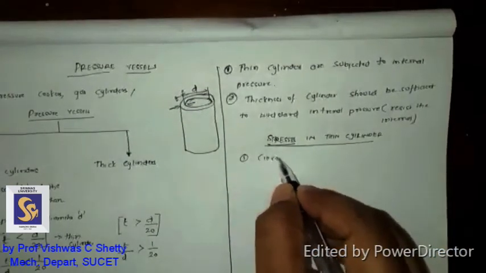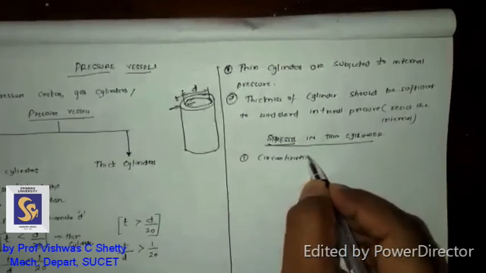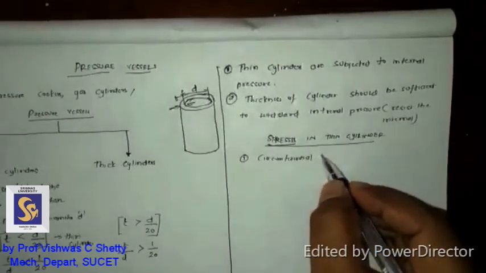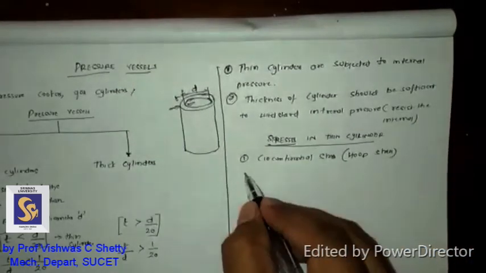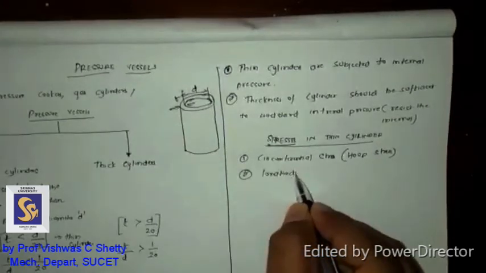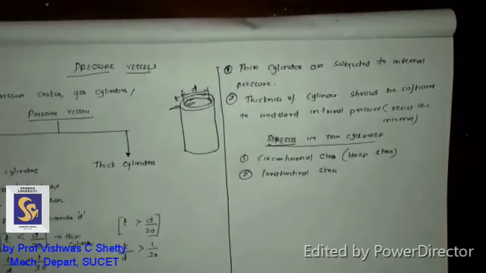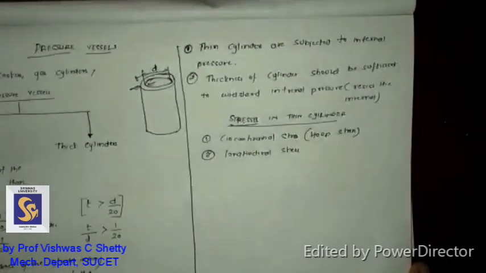One is circumferential stress, also called hoop stress. The second is longitudinal stress. Is it okay? Why are there two types of stresses? Can you tell?